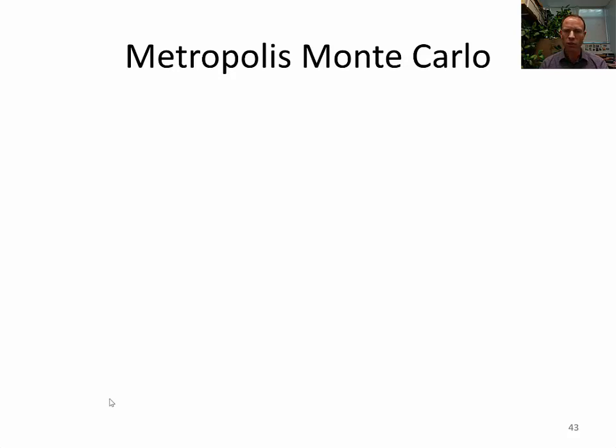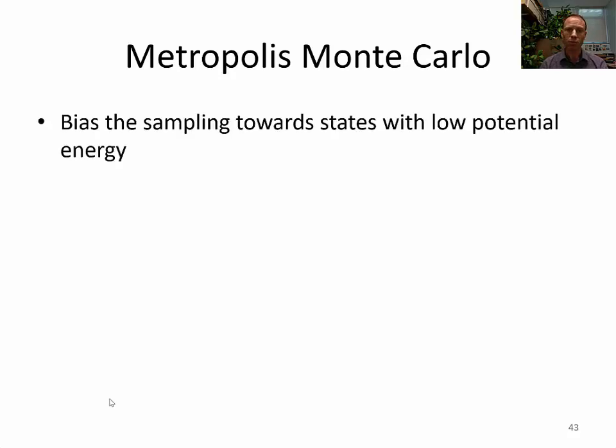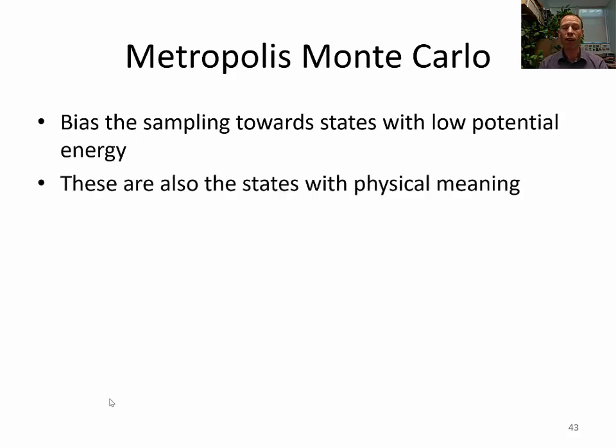So there's a revision to this Monte Carlo algorithm called the Metropolis Monte Carlo algorithm, which biases the sampling of these conformations to low energy conformations, so ones which are actually going to be physically meaningful. These states with low potential energy are going to be the ones which are relevant to a biophysical system.